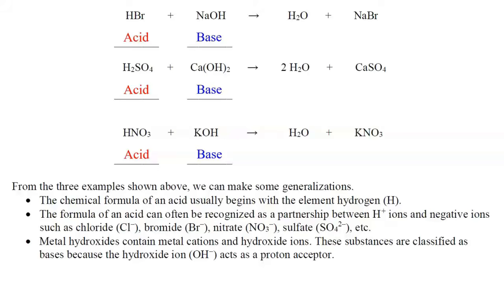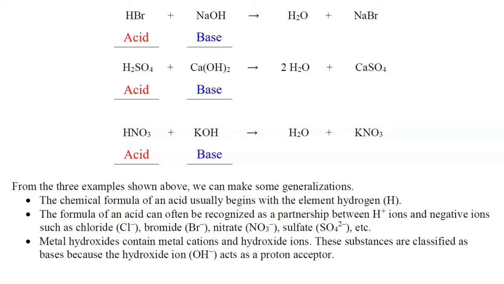The formula of an acid can often be recognized as a partnership between H+ ions and negative ions, such as chloride, Cl-, or bromide, Br-, or nitrate, NO3-, or sulfate, SO4 2-, etc. And a metal hydroxide contains a metal cation, a positive ion, and the hydroxide ion, and these substances are classified as bases because it is the hydroxide ion, the OH-, that acts as a base, a proton acceptor.